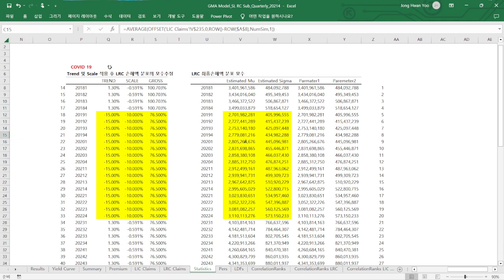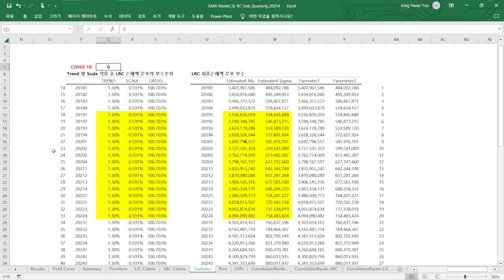So here I just assume that COVID-19 has an effect starting from 2019 all the way up to 2022. It might change, but it depends on your actual judgment.